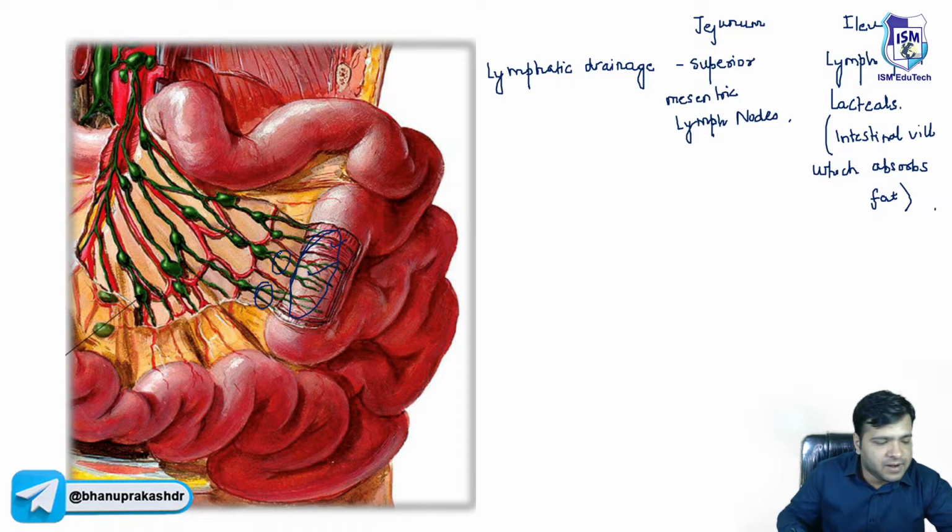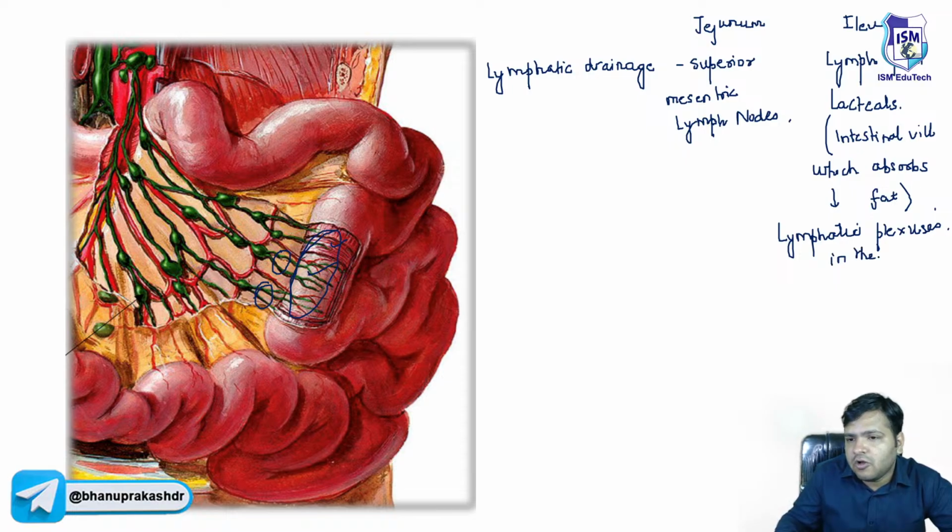So remember, these will form a lymphatic plexus, beta. When I say lymphatic plexus, I'm talking about the network over here. So the lymph from the lacteals will drain into the lymphatic plexus in the walls of the ileum, then they will drain the lymph into the lymphatic vessels in the mesentery.